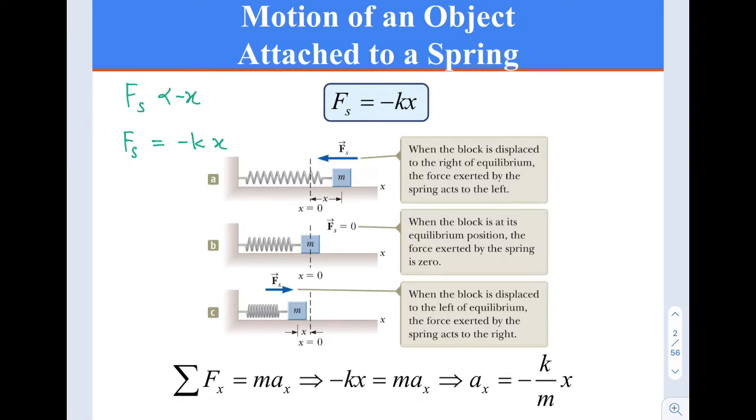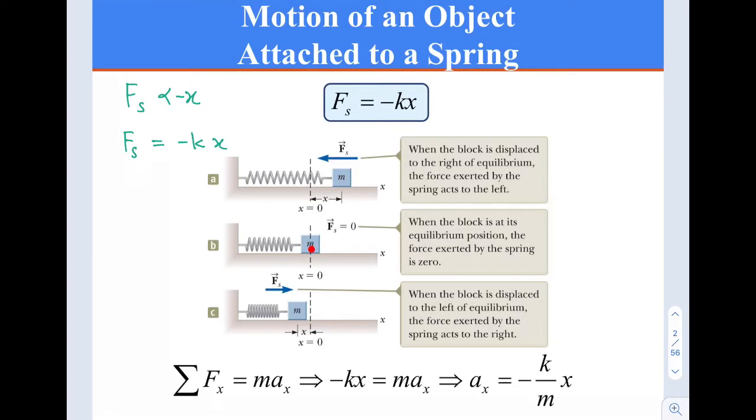Now what will happen? At the moment the block reaches x equivalent to 0, the equilibrium position, based on this equation, whenever x is 0, Fs is going to be 0 as well. However, due to conservation of momentum, because at this instant the block is in motion, it cannot stop all of a sudden.